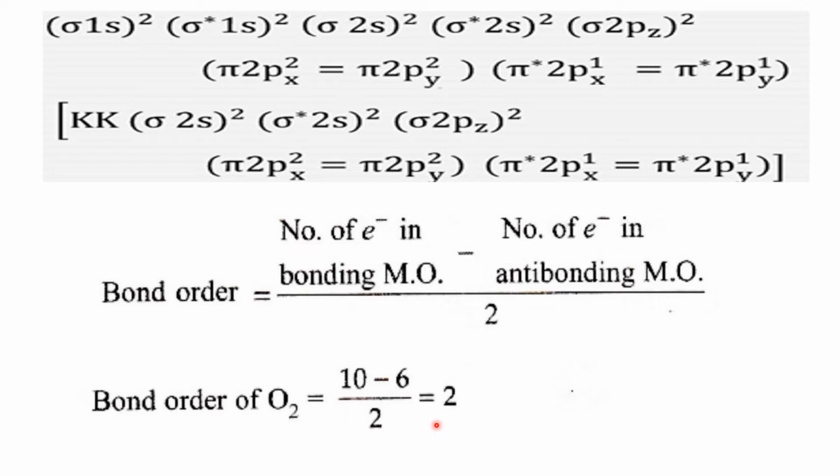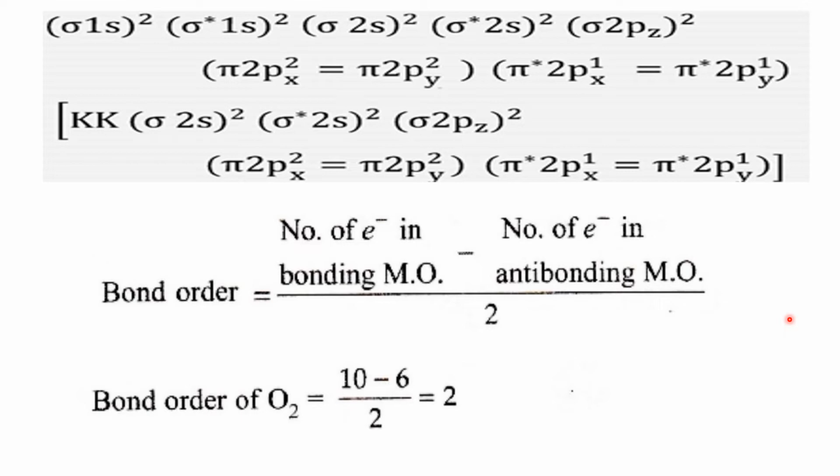Now see here, when we observe the configuration of oxygen molecule, it is observed that pi star 2px and pi star 2py have one unpaired electron each. Hence, oxygen molecule is paramagnetic in character.